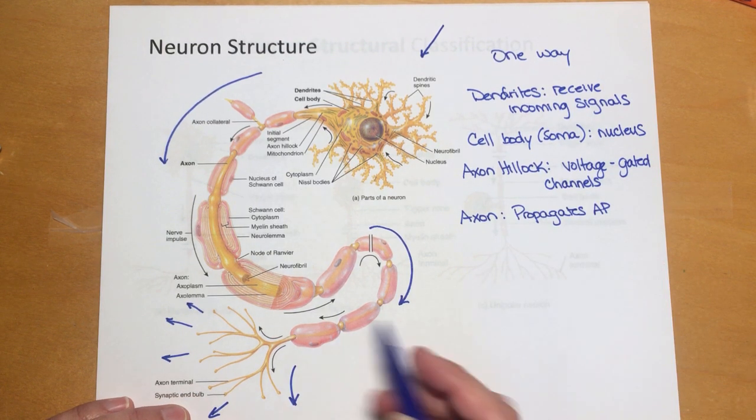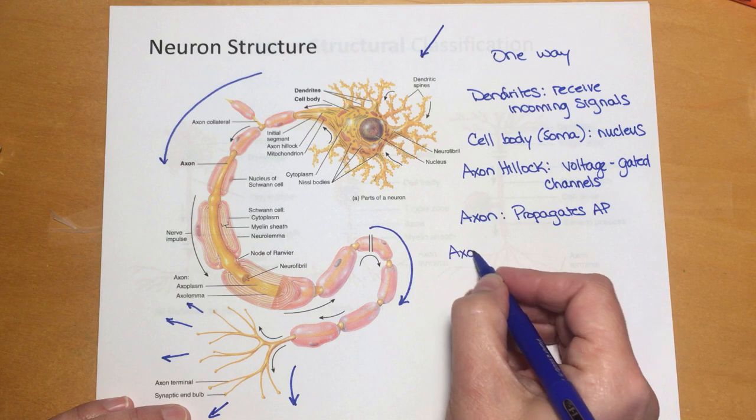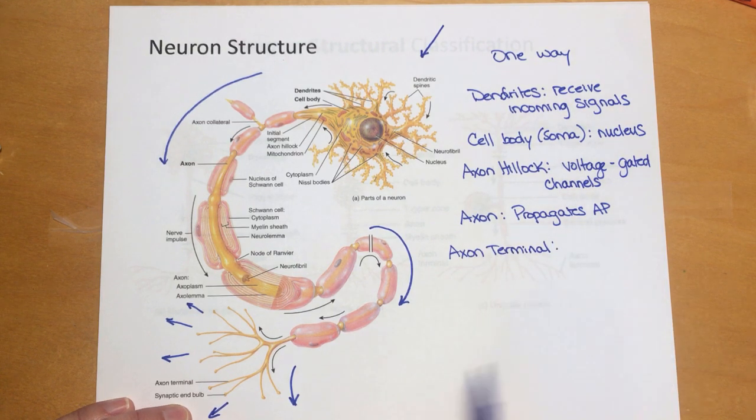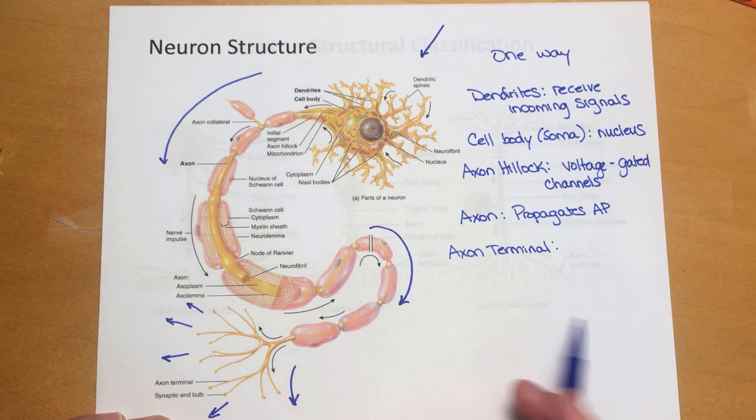At the far end of the neuron is the axon terminal. It contains the synaptic end bulbs, and you can see in this particular neuron that there's a lot of splitting and branching of the axon terminal into multiple different synaptic end bulbs.